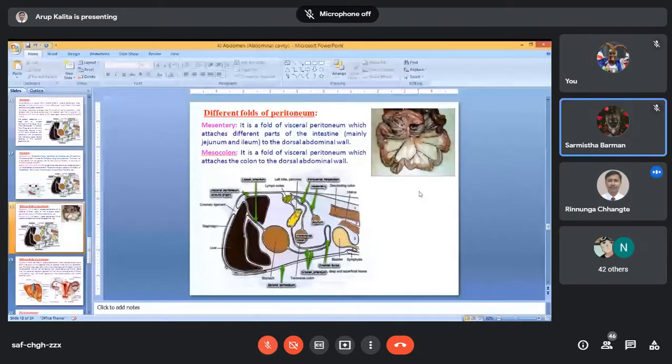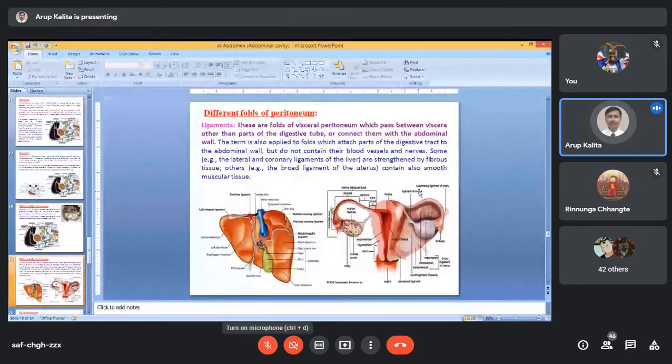Now coming to the next part, ligament. The ligaments are also folds of visceral peritoneum. Now what is the difference from the omentum and the mesocolon and mesentery? Ligaments pass between the viscera other than the part of the digestive tube. Digestive tube means stomach, small intestine, large intestine. They are known as digestive tube.